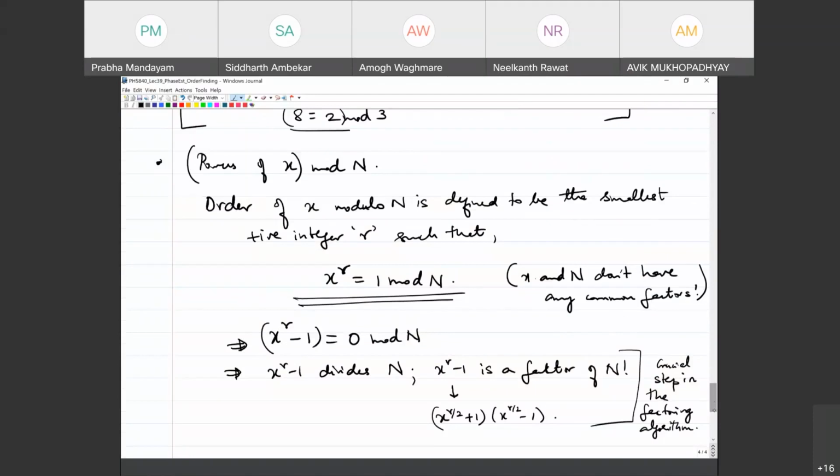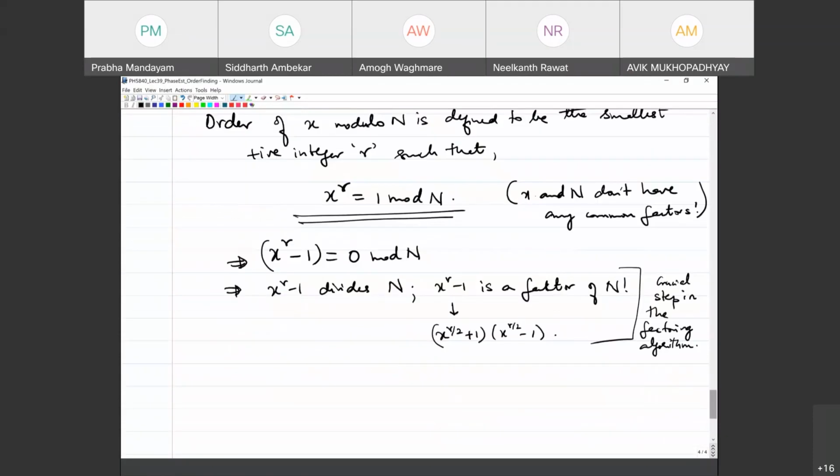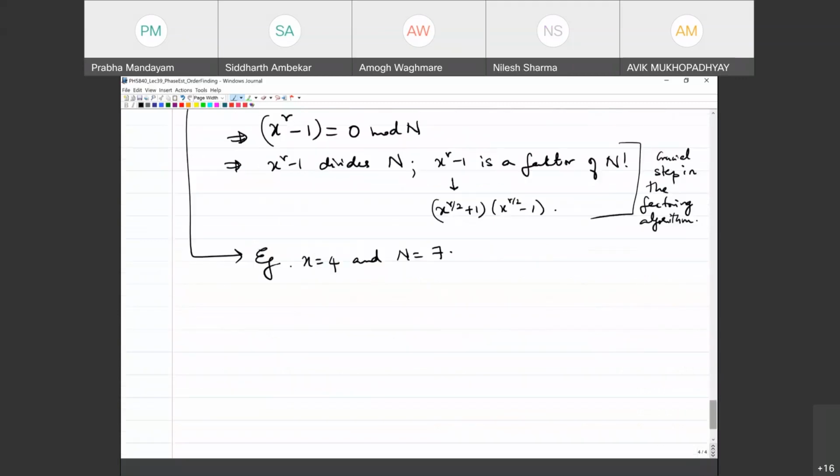So we can just do a simple example to develop some intuition for this. Let's say that x is 4 and n is 7. So we can start doing powers, right? We can put different powers for r. Start with r is 1. 4 is simply 4 mod 7.